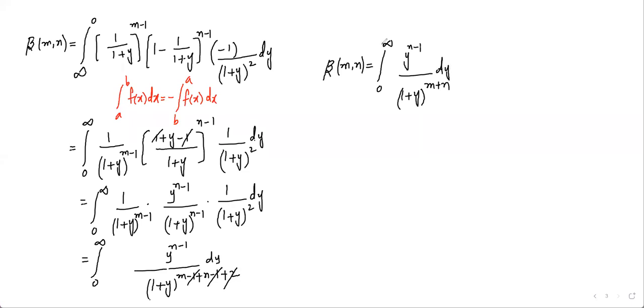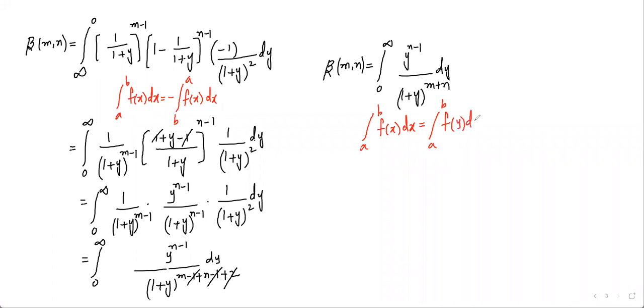Now I gave the formula in the first class itself, when we started the class: integral a to b f of x dx. If you change the variable to y also, no problem at all. For indefinite integrals, if you change the variable also, no problem at all.